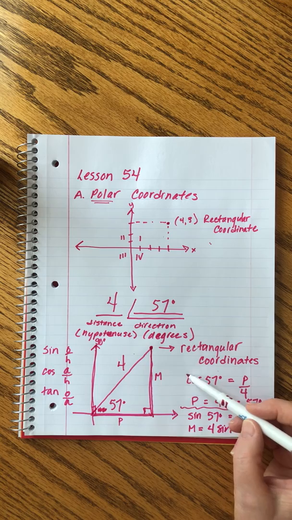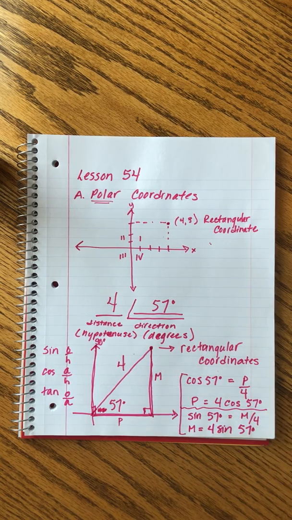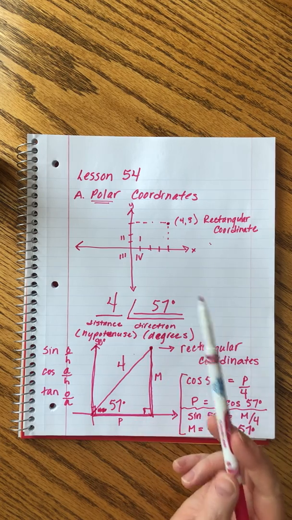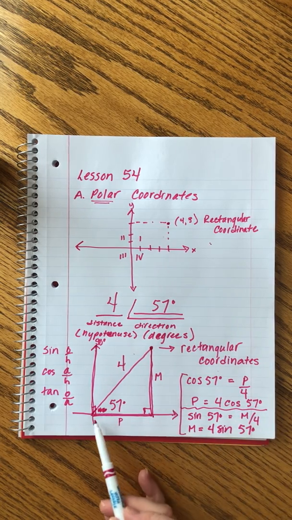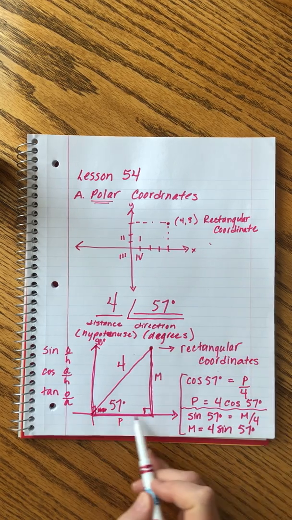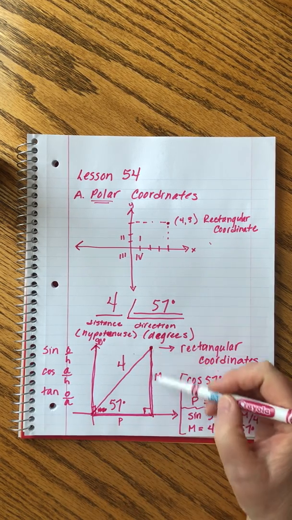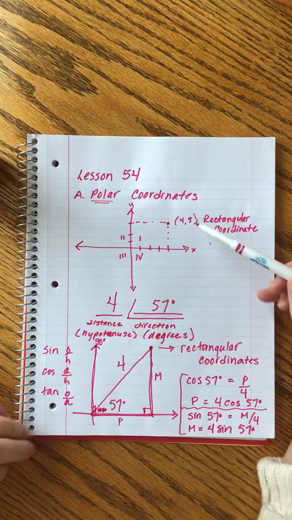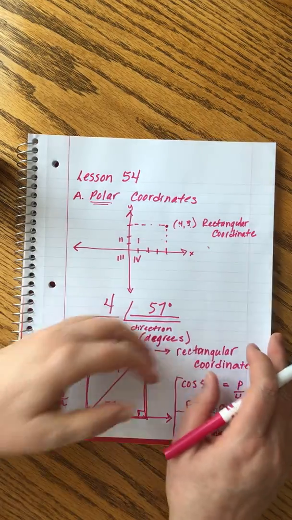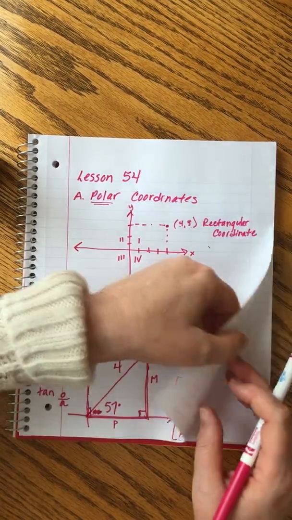We're going to use this process over and over and over again when we're converting polar coordinates to rectangular, because these measurements, these sides of the triangle, the adjacent and the opposite, are the same number as the X and the Y in our rectangular system.